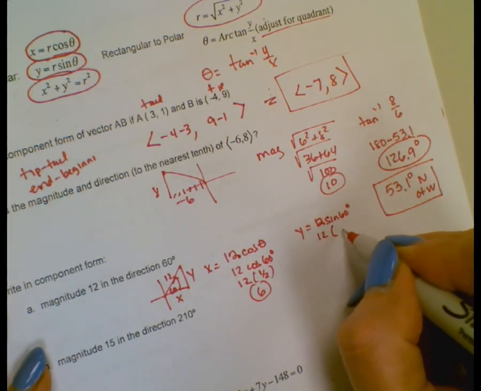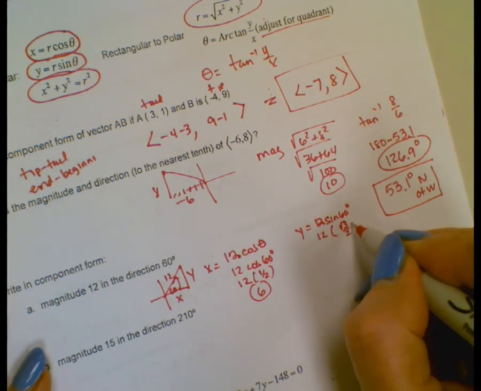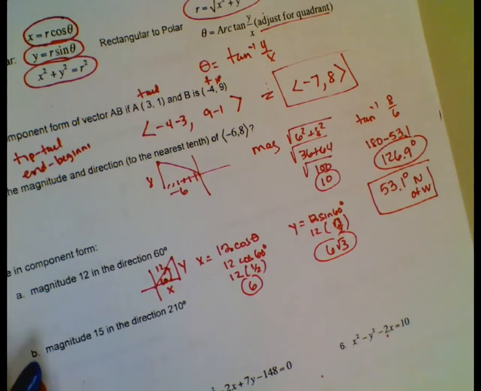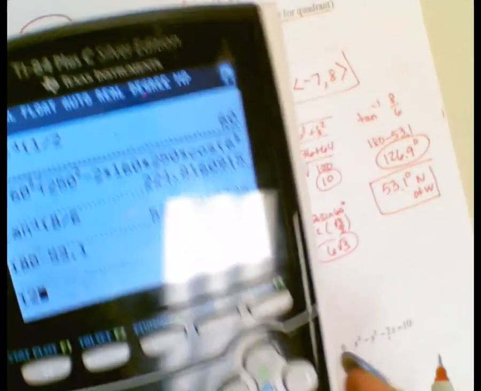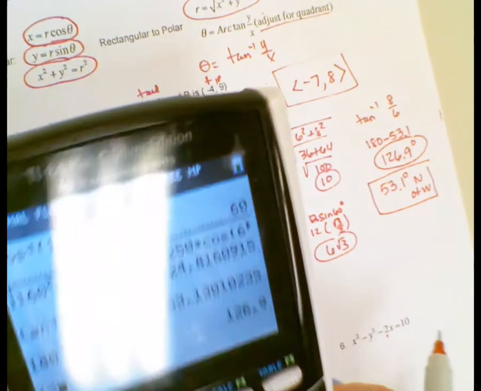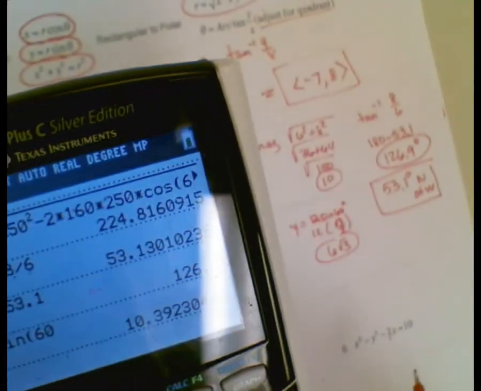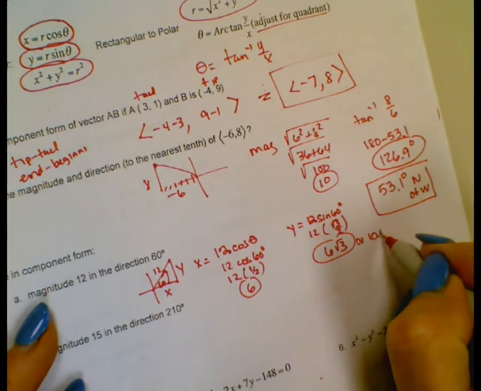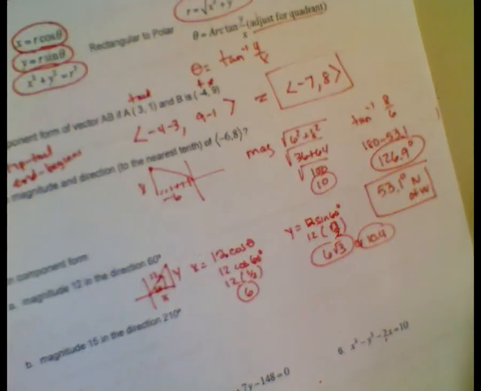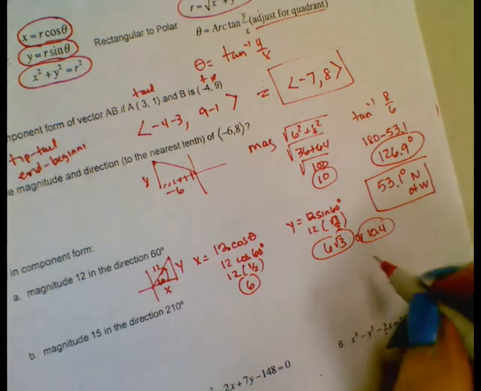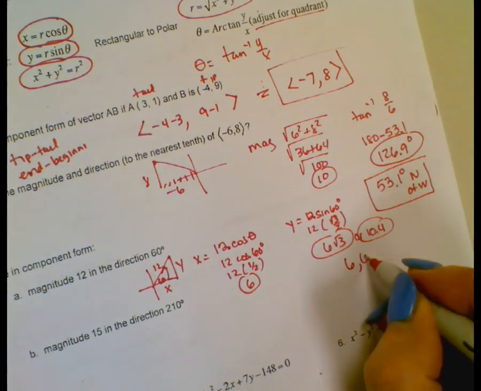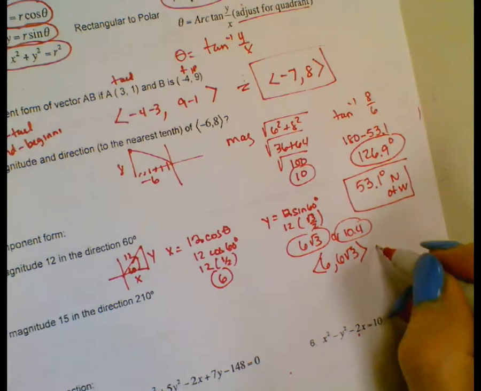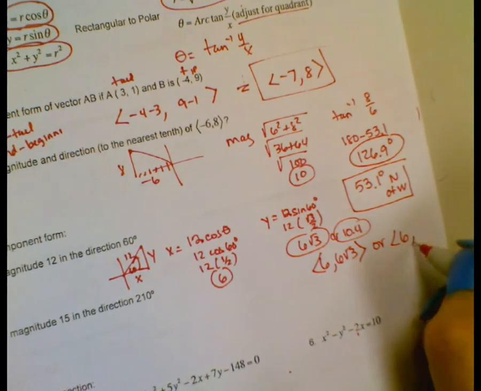So the sine of 60 is radical 3 over 2. So that's 6 radical 3. If you do it on the calculator, 12 times sine of 60, you get 10.4. It does say write in component form, so that would be <6, 6 radical 3> with component form symbols, or <6, 10.4>.